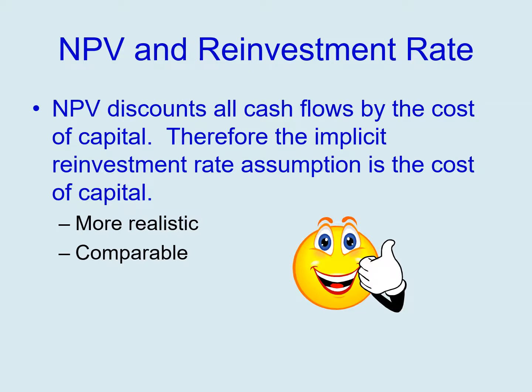Therefore, there is an implicit assumption for all project cash flows that they are reinvested at the firm's cost of capital. Number one, that's more realistic because firms try very hard to at least reinvest at the cost of capital. It's actually kind of conservative. And most importantly, it makes NPVs comparable. So you can compare the NPV of 10 different projects and they all have the same reinvestment rate, and therefore they are comparable.